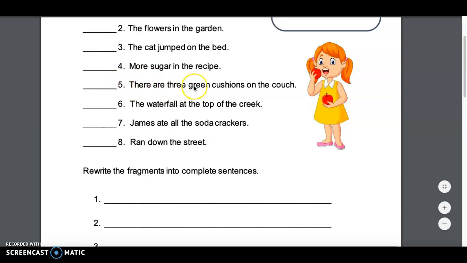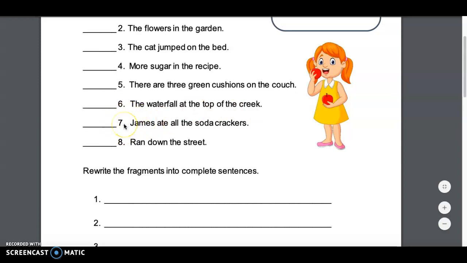There are 3 green cushions on the couch. Is this a complete sentence or a fragment? Number 6. The waterfall at the top of the creek. Is this a complete sentence or a fragment?